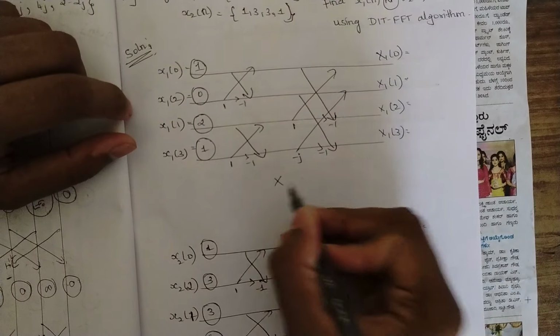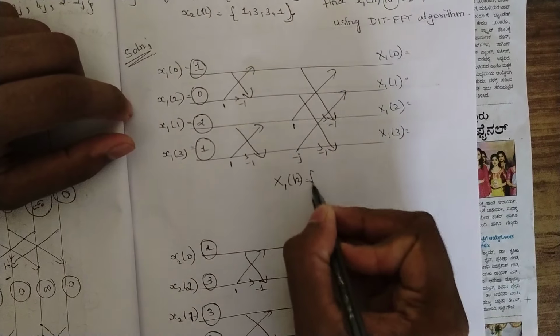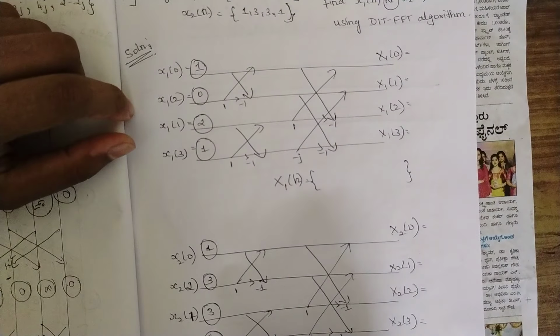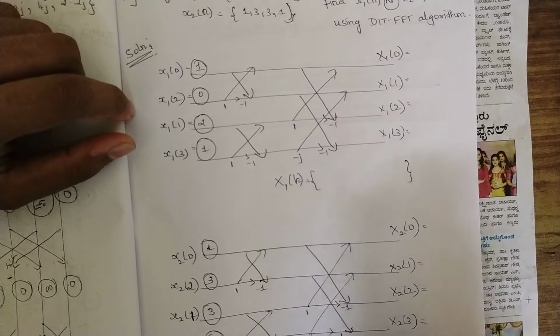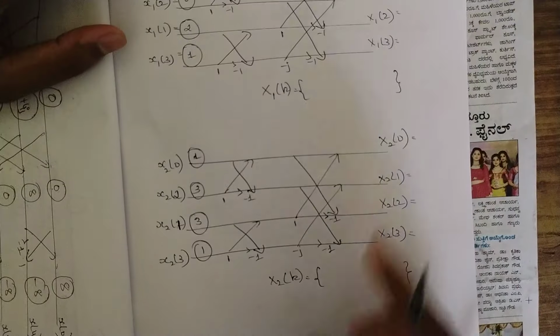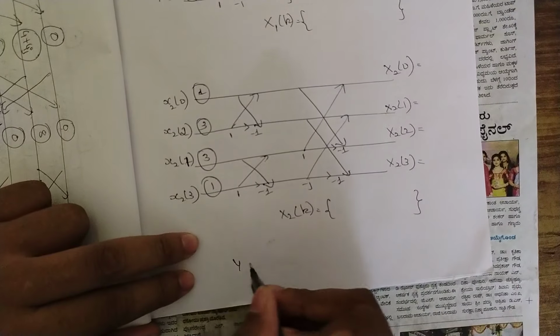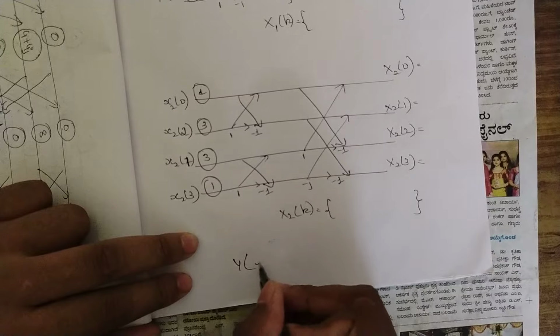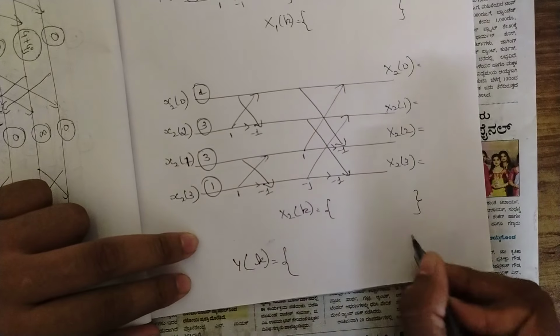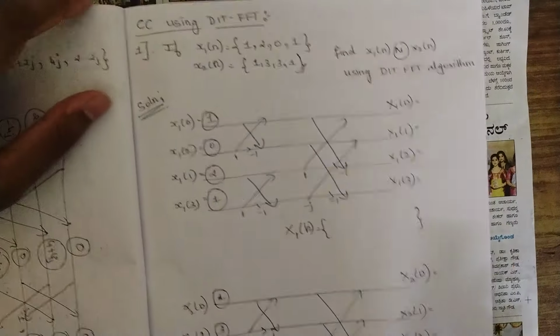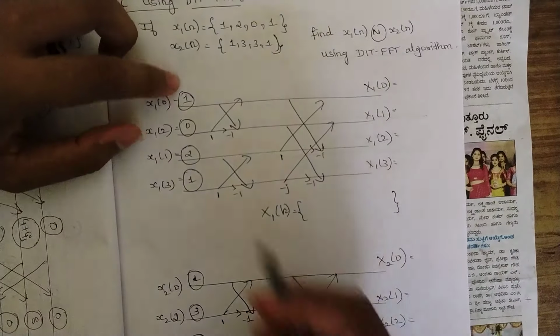I'm going to directly write the answer here, and the point to point multiplication answer, that is y of k.